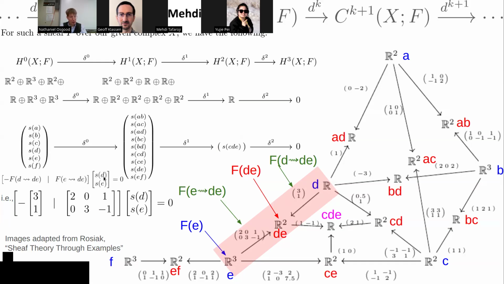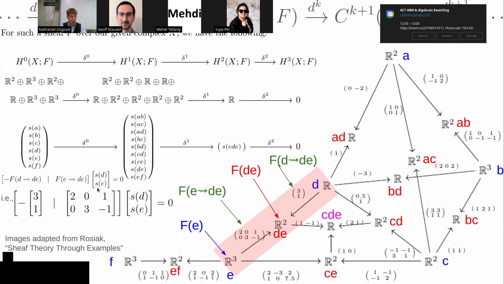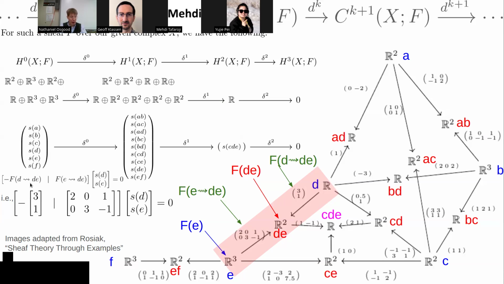Okay, so here we go. We're going to have a big honking matrix. I'm just showing part of it. This matrix is going to have a component for D to DE and a component for F to DE here. Basically it's going to take the data assigned to D and translate it by this 2-by-1 matrix.